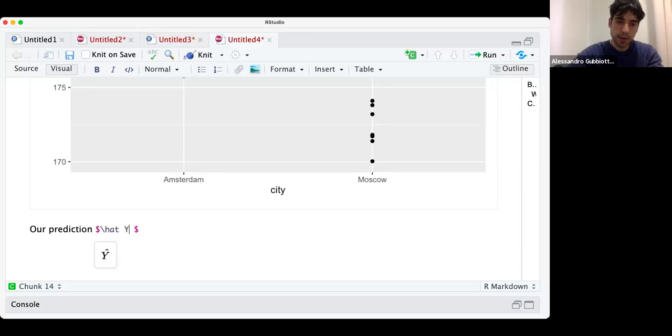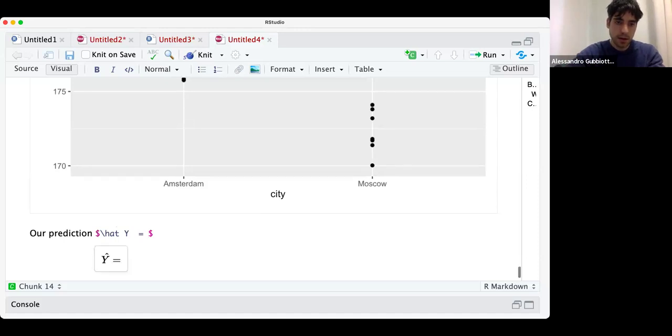And we want to take our prediction the mean, because we want to minimize our least square method. So we want to minimize the square.